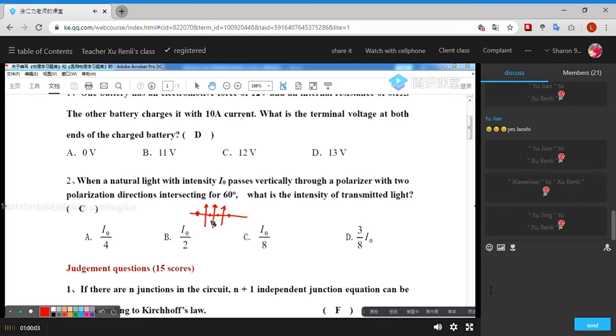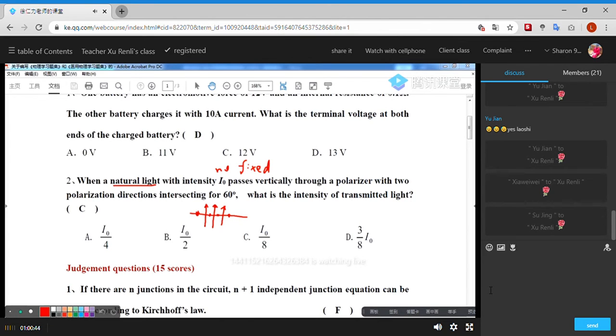They are independent. So natural light is made up of two linearly polarized lights. These two linearly polarized lights are perpendicular, and they have no fixed phase difference.